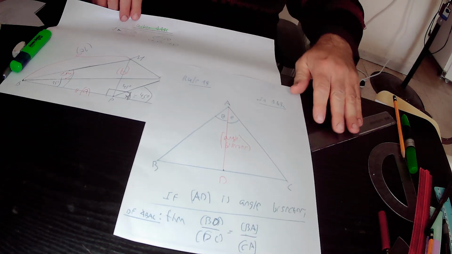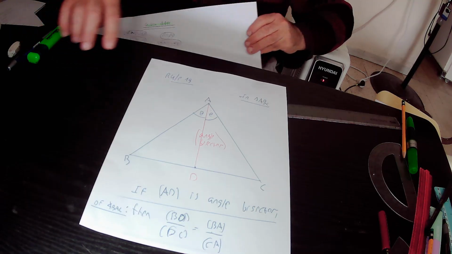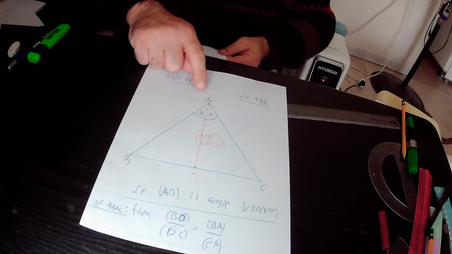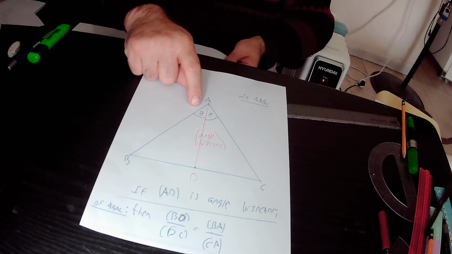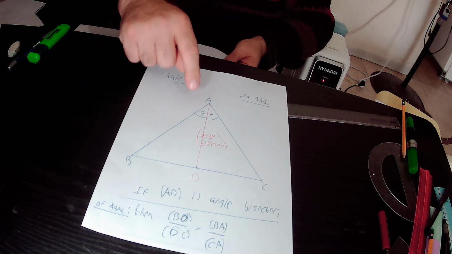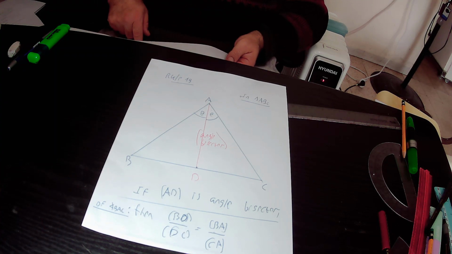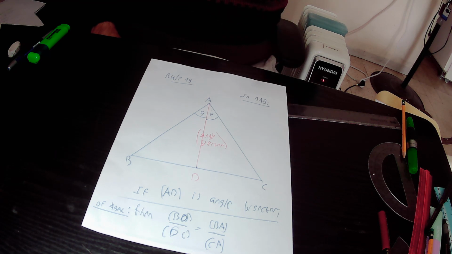According to rule 19, if AD is the angle bisector of angle BAC in the triangle ABC, that is to say, it divides angle BAC into two halves, each half equals to theta. So we know that AD is the angle bisector of triangle BAC, and therefore angle bisector AD divides the sides of this triangle ABC proportionally.